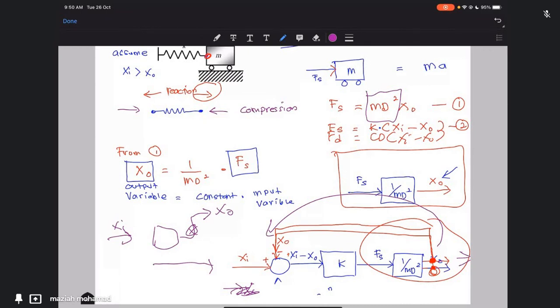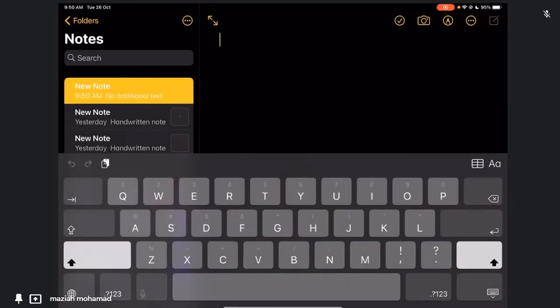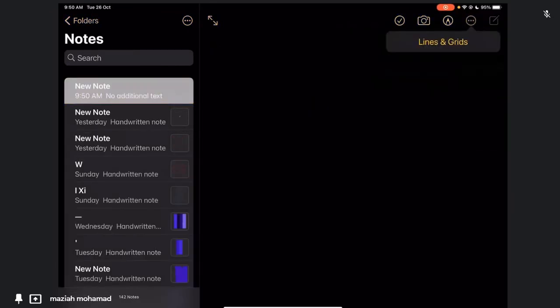So you can see it's quite simple to draw this block diagram. Let me show you the block diagram if we draw using the second equation.